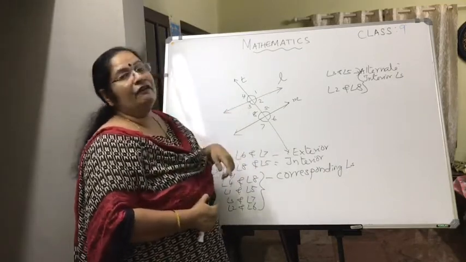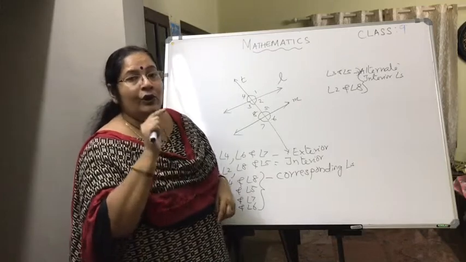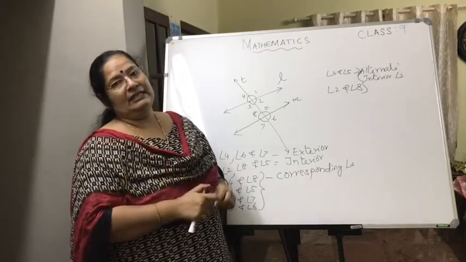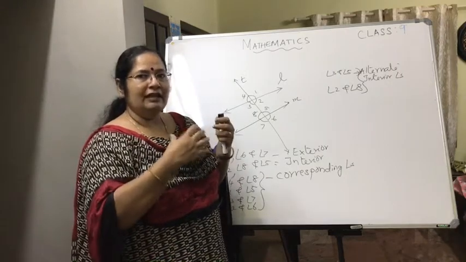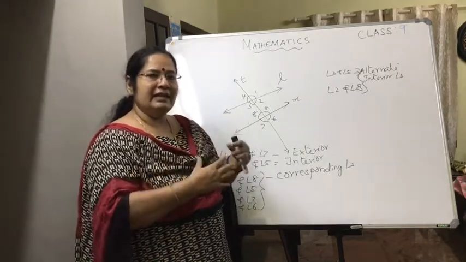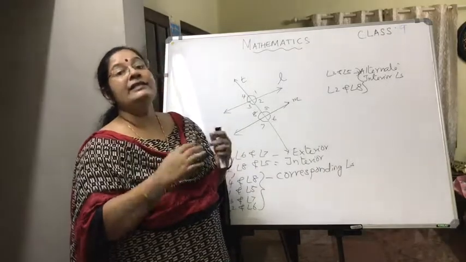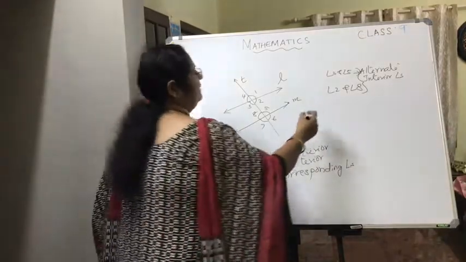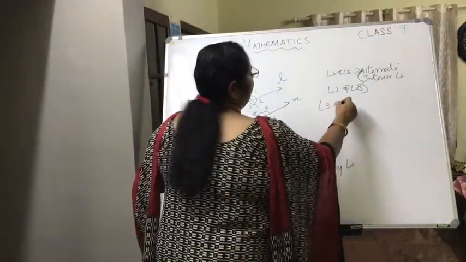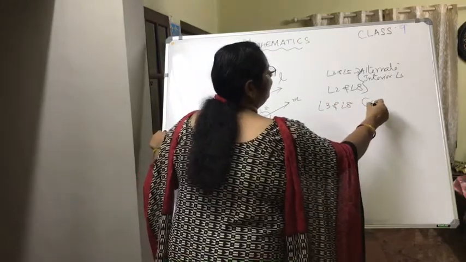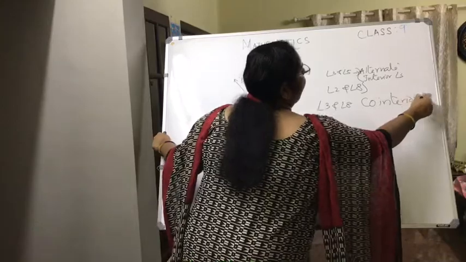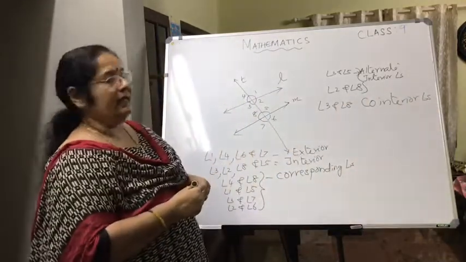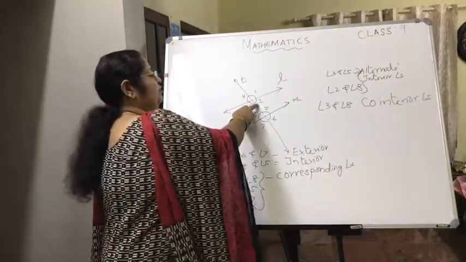Such a pair we call co-interior angles. What are they called? Co-interior. Co means going together. Both of them are inside, on the same side of the transversal. So angle 3 and angle 8 form a pair of co-interior angles.